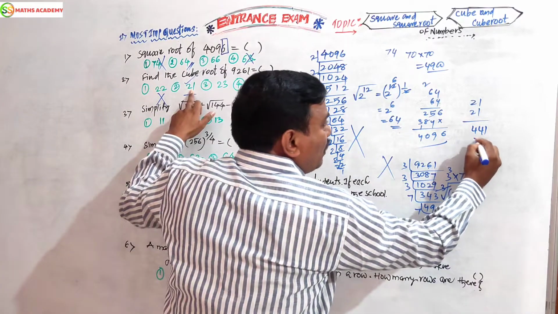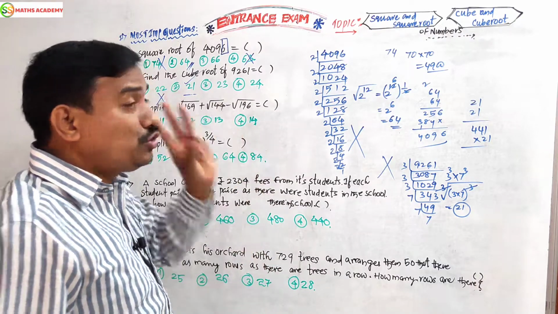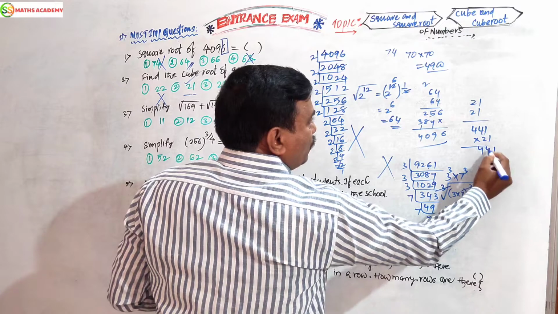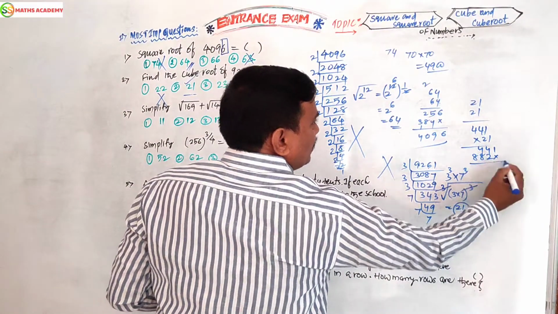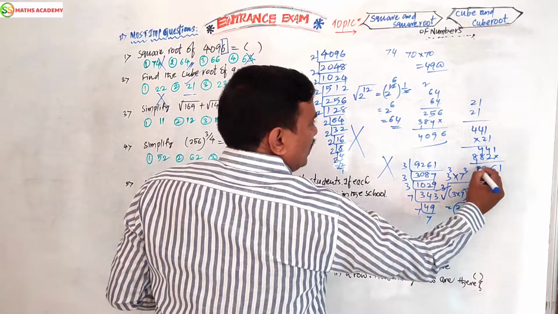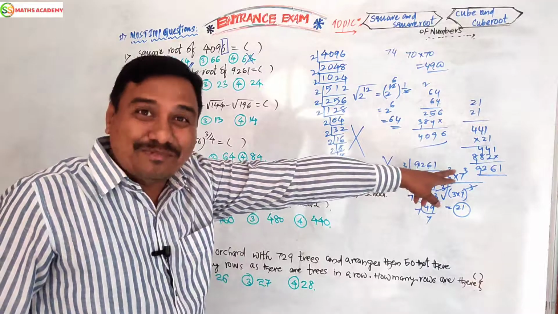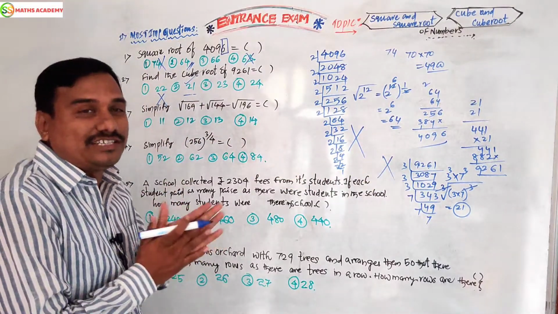Next again, you can do one more 21 times because this is cube, 3 times. 1 1s are 1, 1 4s are 4, 1 4s are 4, 2 1s are 2, 2 4s are 8, 2 4s are 8. Yes, 9,261. Yes, we got this number. So the answer will be 21. This is the way we can do that answer.